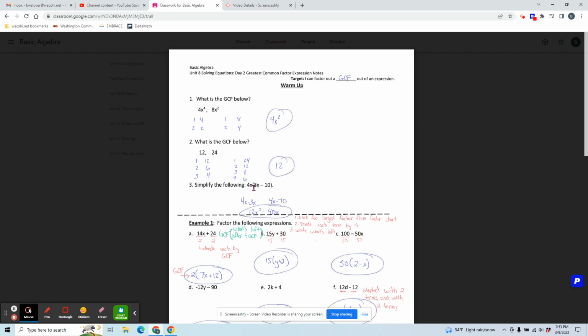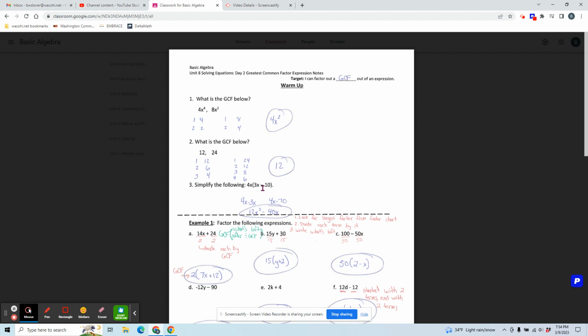So I'm distributing the 4x, and I end up with 12x squared minus 40x. Now you may be thinking, Mr. Slover, this question 3 on the warm-up doesn't really relate to greatest common factor. But it does. What I circled is the end result after the distribution. What we're doing today is the inverse of distribution.